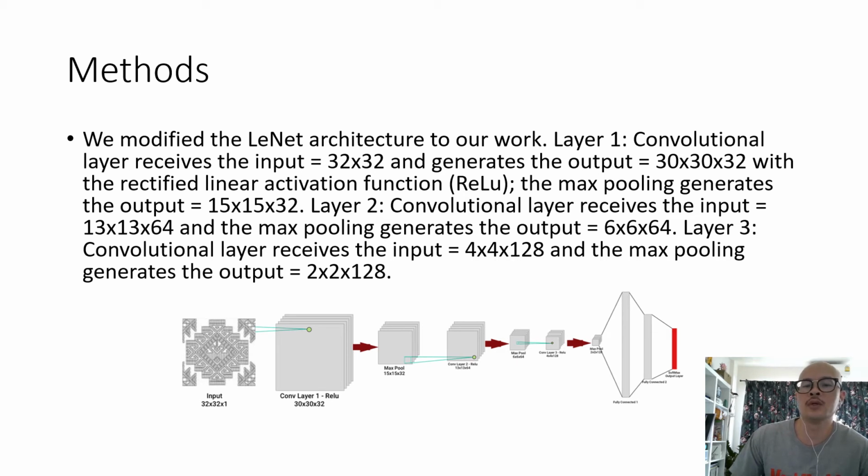In layer 2, the CNN receives the input of 13 by 13 by 32, and the max pooling generates the output of 6 by 6 by 64. In layer 3, the CNN receives the input of 4 by 4 by 128, and the max pooling generates the output of 2 by 2 by 128. The architecture of our method is shown in the slide.